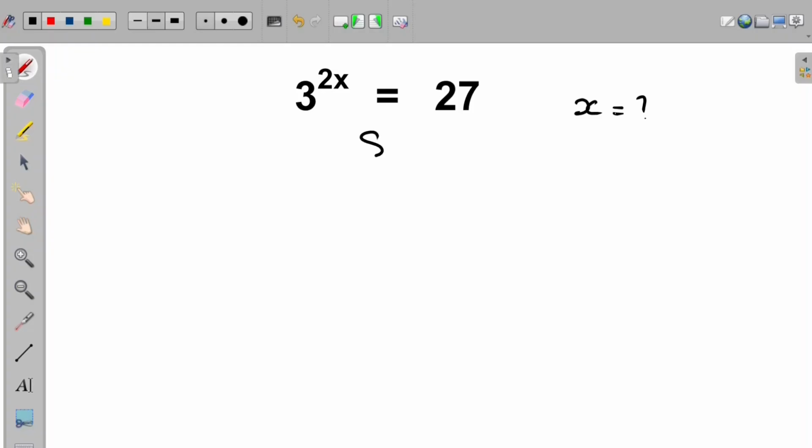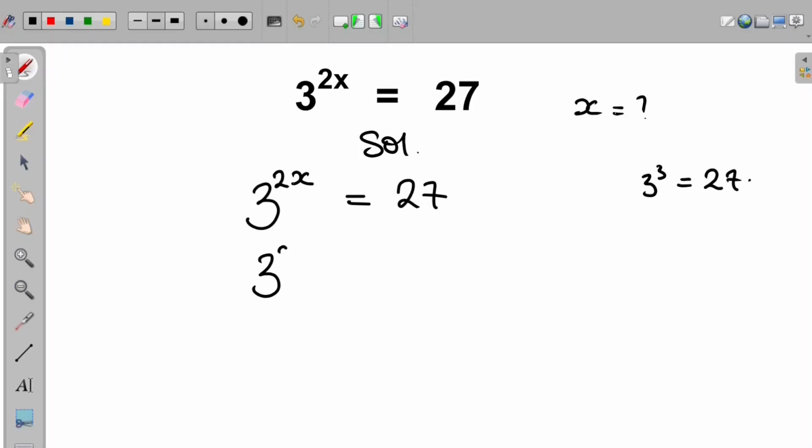So we have that 3 raised to the power of 2x is equal to 27. Recall that 3 raised to the power of 3 is equal to 27. So this becomes 3 raised to the power of 2x equal to 3 raised to the power of 3.